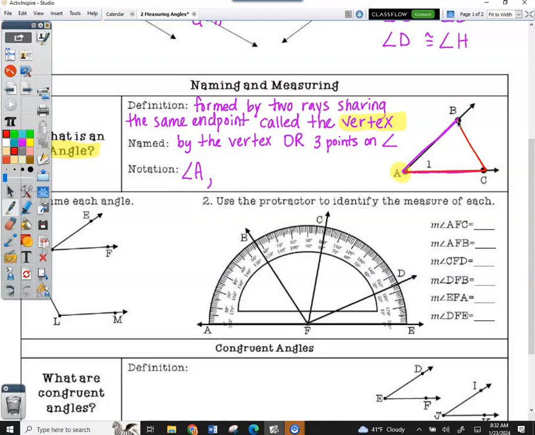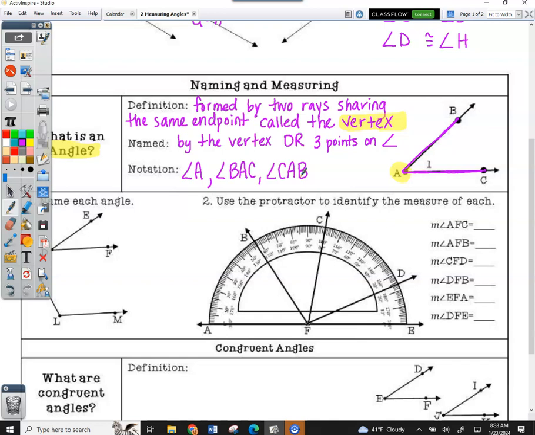ACB does not exist. BAC exists. CAB exists. So there's only 2 ways to name it by 3 letters. BAC or CAB. Which one do you notice is in the middle? A, and that was the vertex.